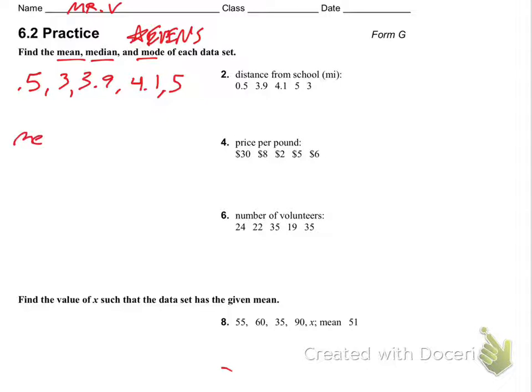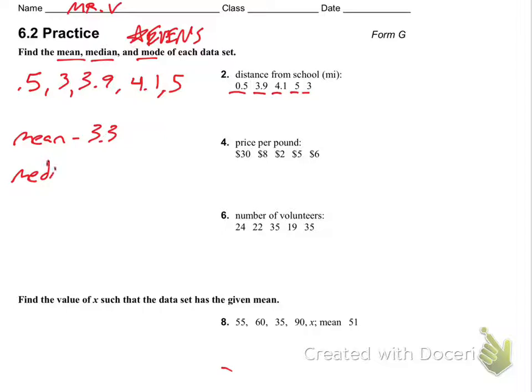So then our mean would just be the average, so I'm just going to add those up. So 0.5 plus 3 plus 3.9 plus 4.1 plus 5, and then I'm going to divide by 1, 2, 3, 4, 5. And so the mean would be 3.3.